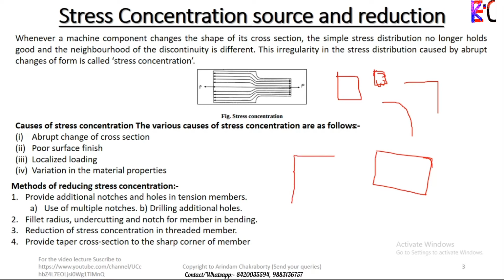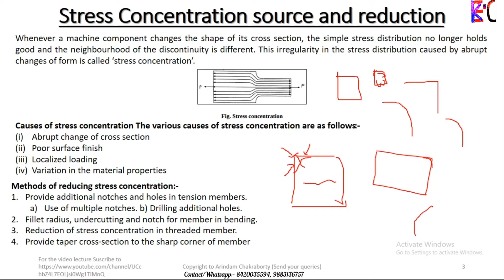Now, if there is a pointed surface, let it be any object, and the stress works over here, this will break. That means there will be crack formation, resulting in complete deformation. So to avoid it, we use a curve. You may ask me, why a curve? I could use other things also. Yes, you could use a fillet also.